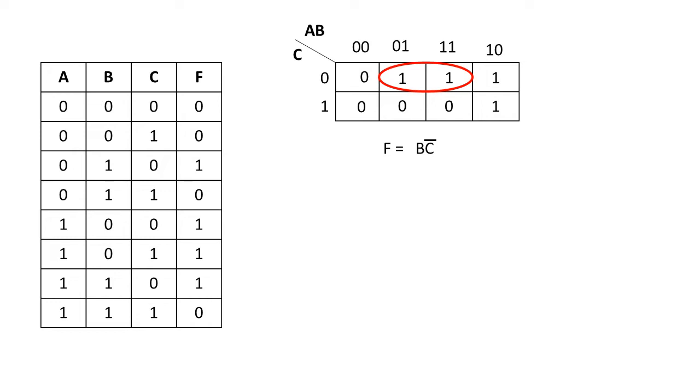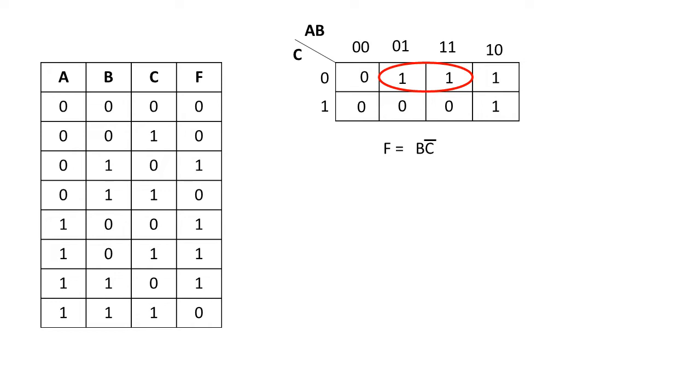The value that is common, that particular position has to be taken for creating the function. You can observe the value of B is 1 and 1, which is common in both fields, and the value of C is 0. Because this first row belongs to C, that 0 is common for all 4 fields in the first row.